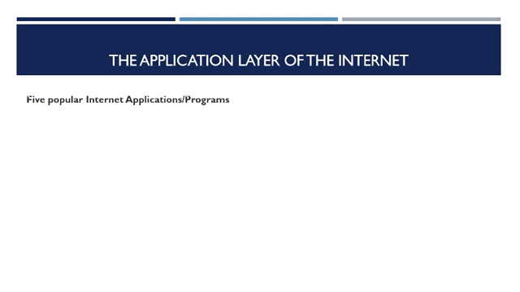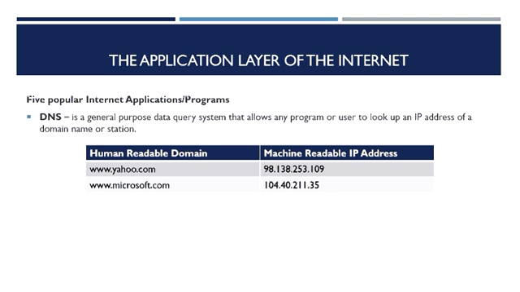For the application layer of the internet, here are five popular internet applications. The first one is the DNS, or Domain Name System. It provides mapping between the human readable names that we type in a web browser URL field and their associated IP addresses. DNS is like a phone book where you look up phone numbers, but with easier to remember names.